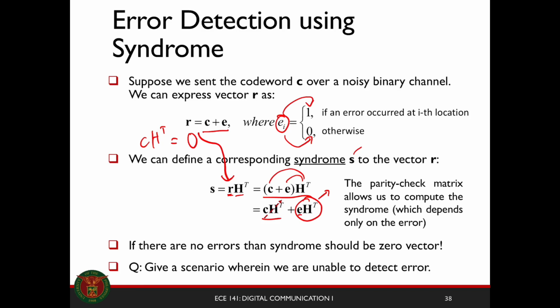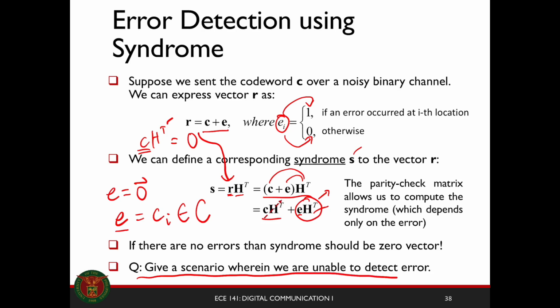Are there any possible cases other than E equals the 0 vector for this E times H transpose to be 0? Recall that any valid code word, when you multiply it by your H transpose, you get 0. So if E is equal to any code word, an element of your set of valid code words, then you have an undetectable error.